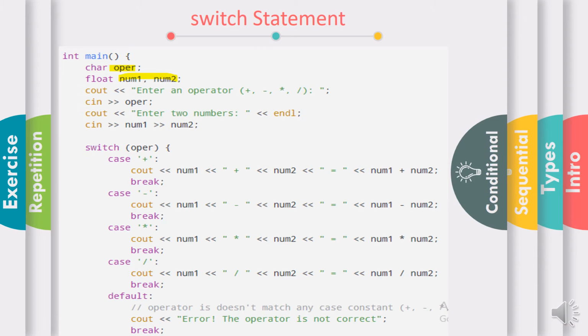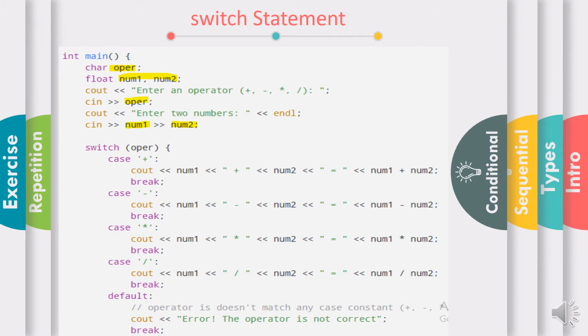Whatever operator is entered by the user will be stored in the variable OPER. Now, the next message will be displayed on the screen: enter two numbers. The user will enter the numbers and those numbers will be stored in variables num1 and num2.